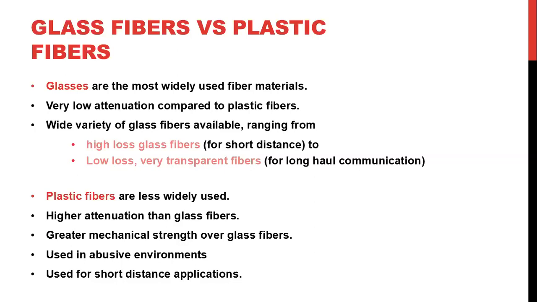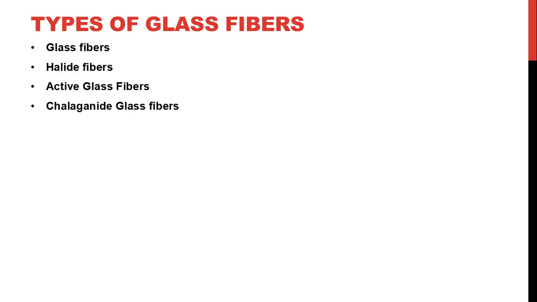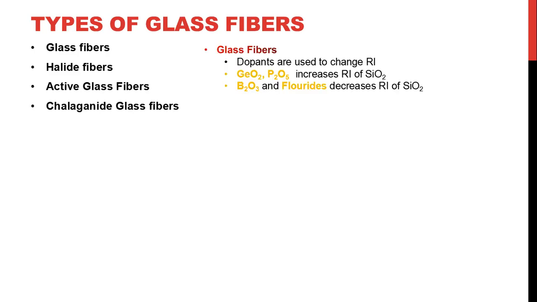So first of all, we will see the types of glass fibers, where in glass fibers the main constituent is SiO2. So types of glass fibers are glass fibers, halide fibers, active glass fibers, and chalcogenide glass fibers.